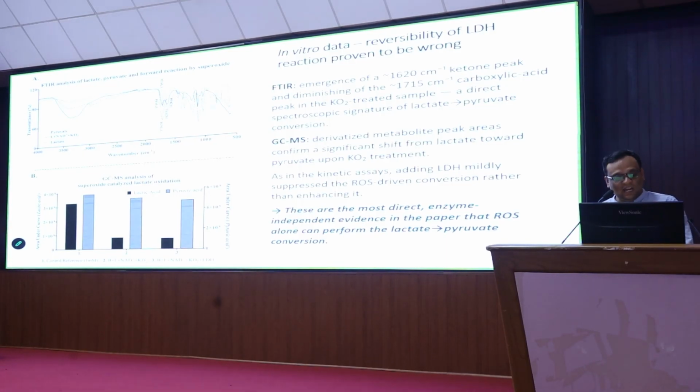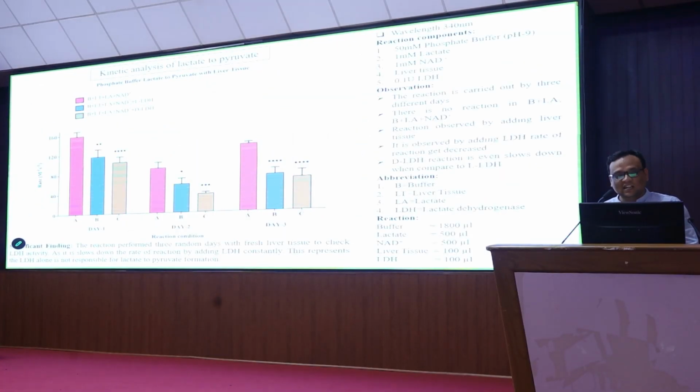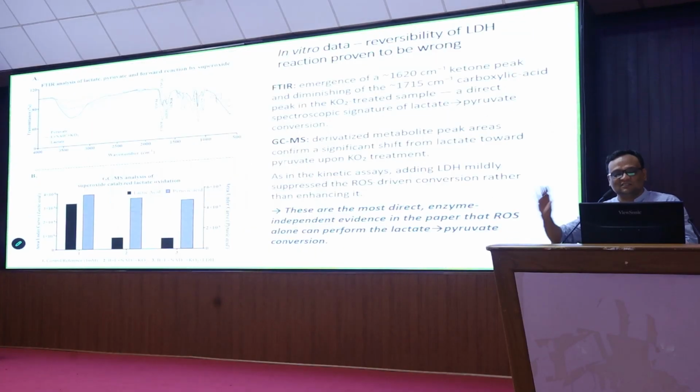But the moment you add LDH, you can see it goes down. So LDH is messing with the system. That's why LDH is able to do pyruvate to lactate and not lactate to pyruvate. That is very clear from the data.